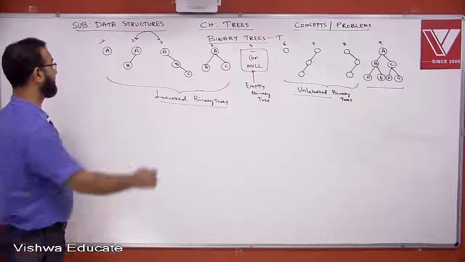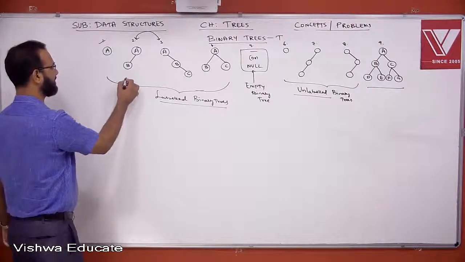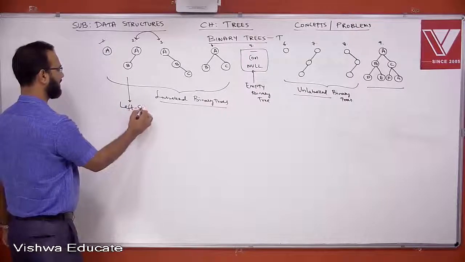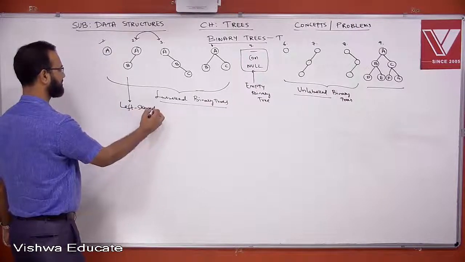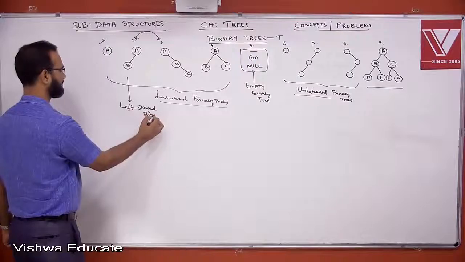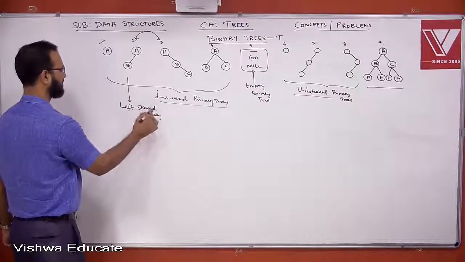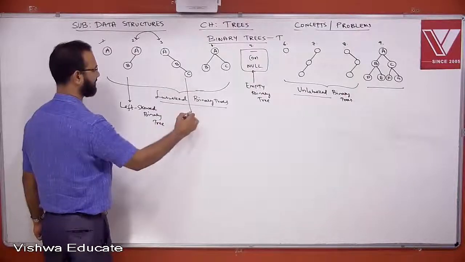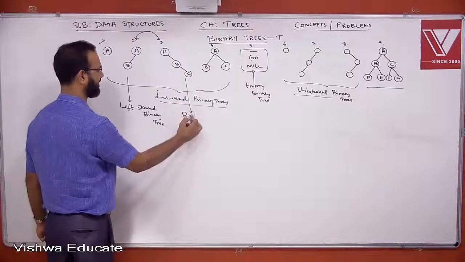So what type of tree is this going to be? This one is said to be a left skewed binary tree, whereas this one is referred to as a right skewed binary tree.